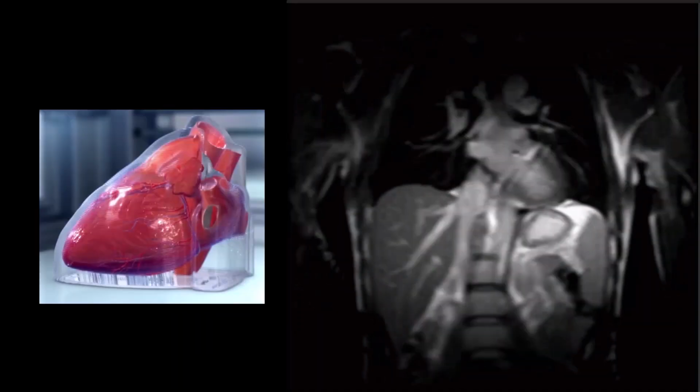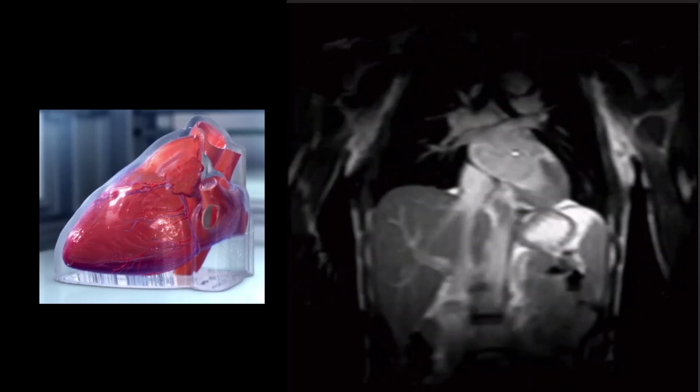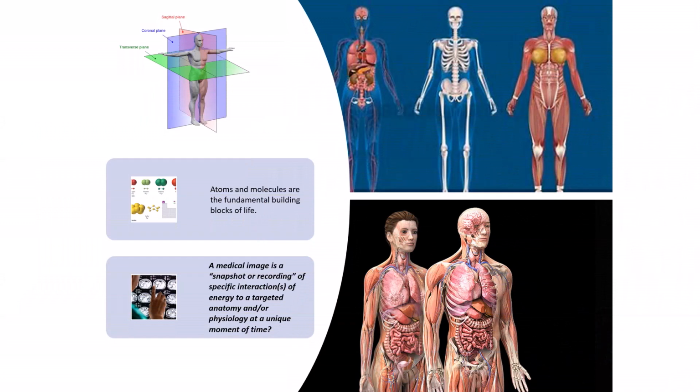Here we can see an MRI image of the chest and cardiac area. A medical image is a snapshot of specific interactions of energy to a targeted anatomy for a specific moment in time.